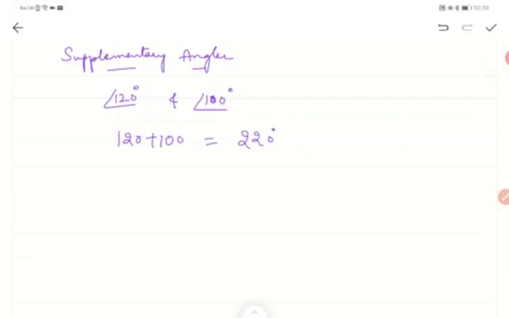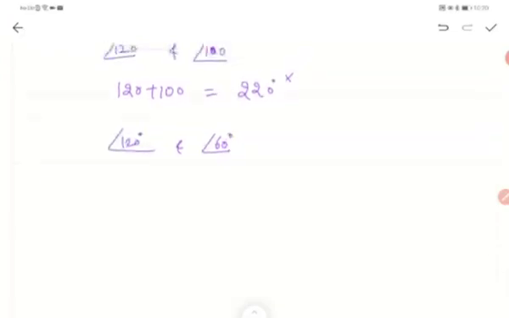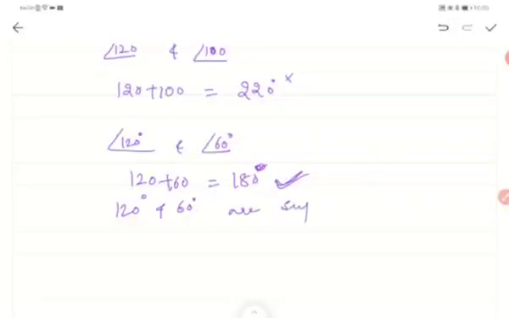Now if I have a pair of angles like 120 degrees and 60 degrees, are they supplementary? 120 plus 60 is equal to 180 degrees. So your 120 degrees and 60 degrees are supplementary.